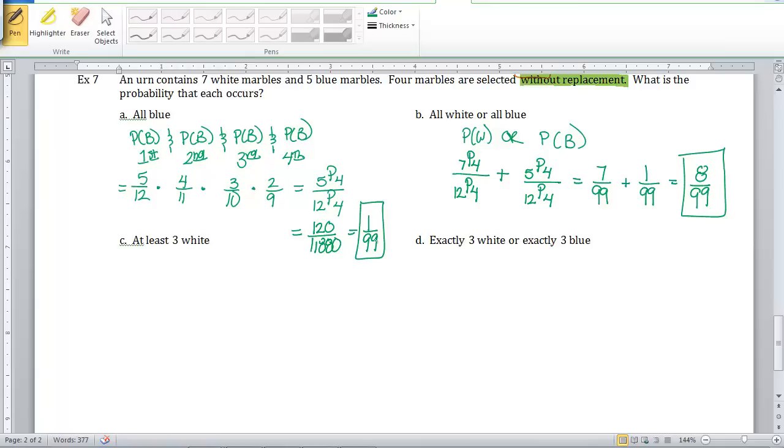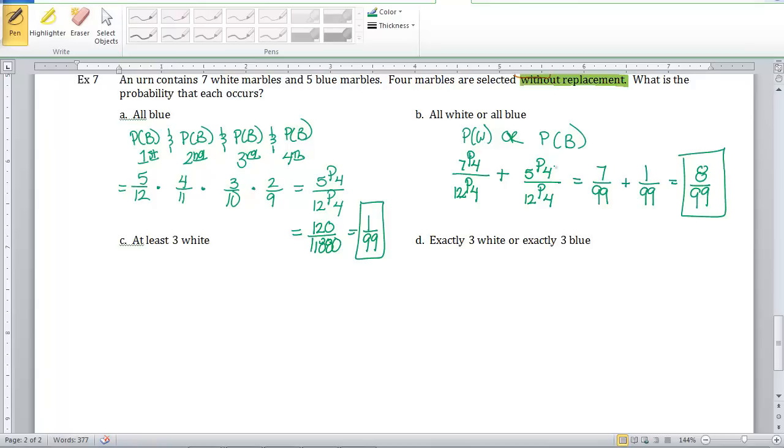In example B, we want to know the probability of white or blue. So there's actually 7 white. We need 4 over the 12 total. Again, we need to choose 4. Plus the blue we just did, and that calculates out to 8 over 99.